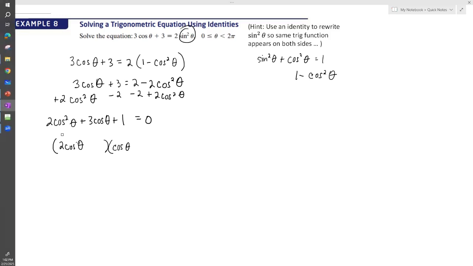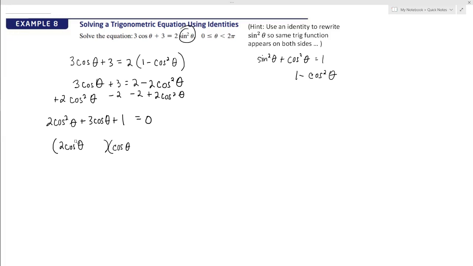Almost said squared over here. You multiply first and you'll get 2 cosine squared theta. And then these have to be 1s. And then it's positive all the way through. So we end up with 2 cosine theta plus 1 and cosine theta plus 1, to get the 3 cosine theta here. And everything else works out.